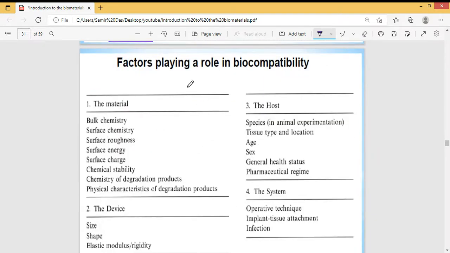Next, the other factor playing a role in biocompatibility is the material's properties. So basically the chemistry of the material is very important, such as the bulk chemistry, surface chemistry, surface roughness of the implant, surface energy, surface charge, and so on.